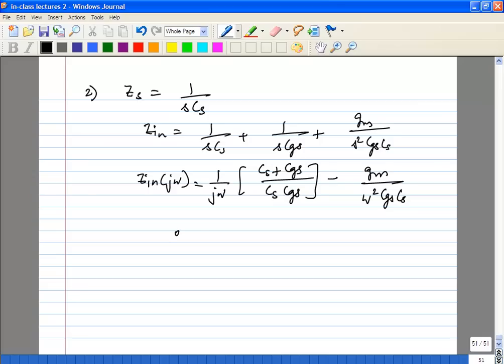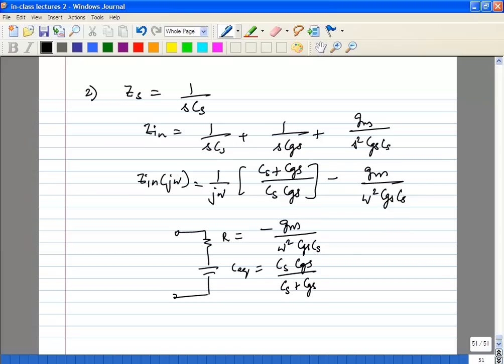So if you had to draw an equivalent circuit, it looks something like this. This is Cs Cgs over, and this is obviously a big problem.